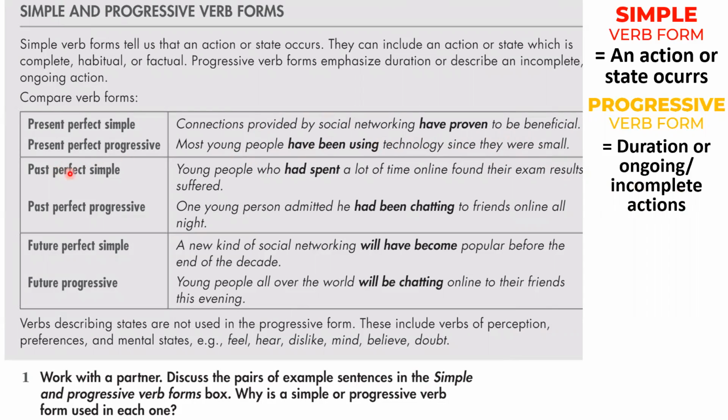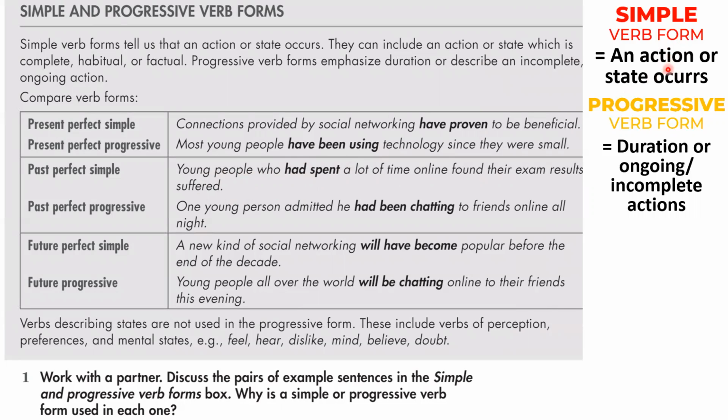Then with the past perfect simple, remember that the only difference between present perfect and past perfect in the structure is that instead of has or have, you use had, right? Right here: "Young people who have spent a lot of time online found their exam results suffer." All right. As you can see again, these people had spent, so they did the action.